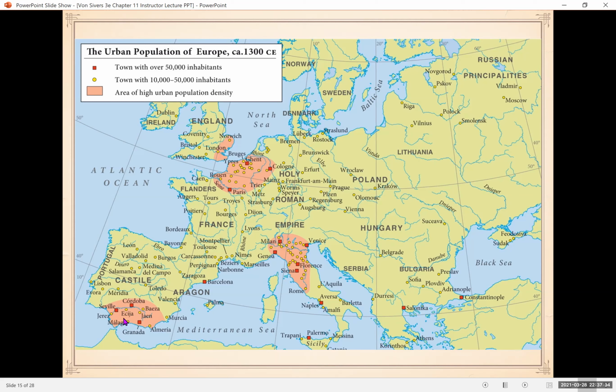I also want you to take a look down here because if you recall from last chapter, I believe it was, that the Umayyad Muslim dynasties are still in what we think of as Spain. And they had an extremely rich culture there, and they were an extremely urban culture. So, very high density there in these Muslim ruled areas as well.